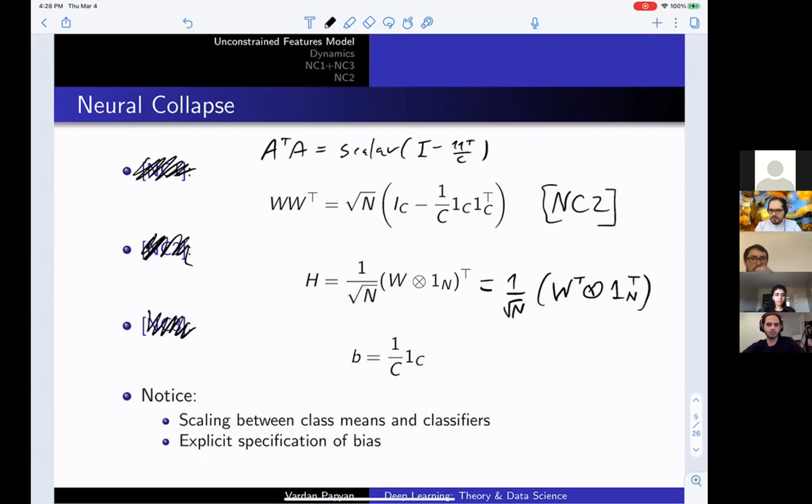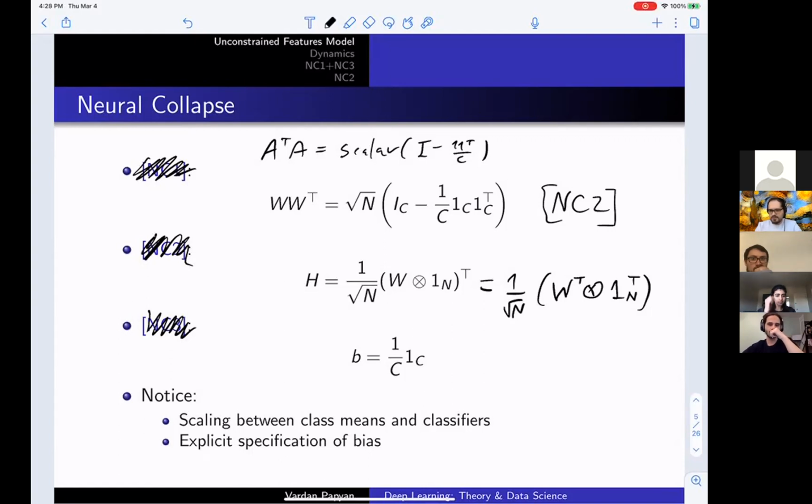This looks more appealing to my eye. What does this property say to you, if anything? So Etienne says the features converge to the classifier. That is, in fact, correct.